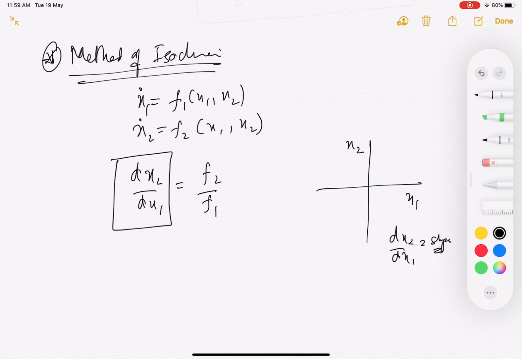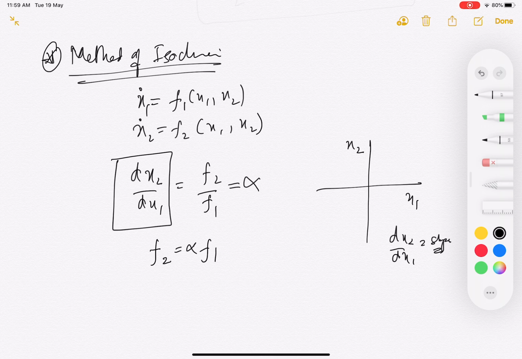So dx2 by dx1 is f2 by f1, and suppose we're trying to find all the points where the slope is some constant alpha, right? So all the points where the slope is some constant alpha would be given by f2 is equal to alpha f1, right?